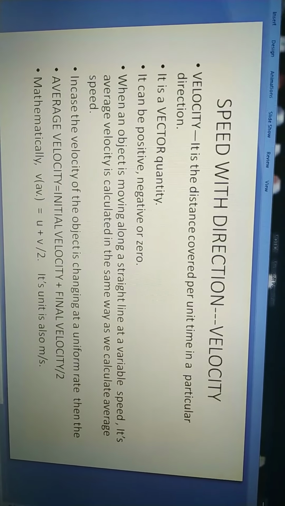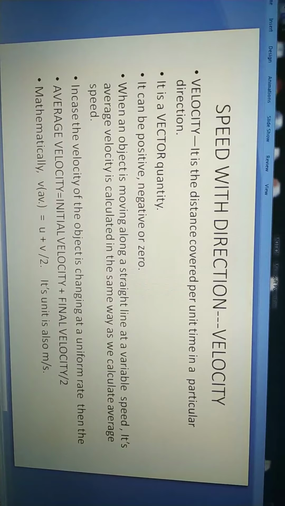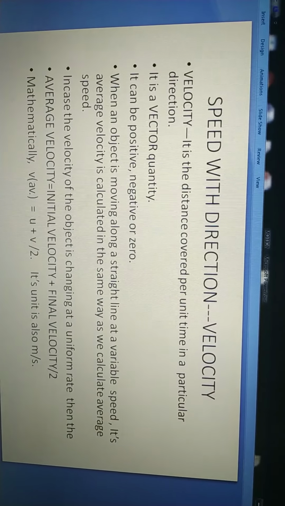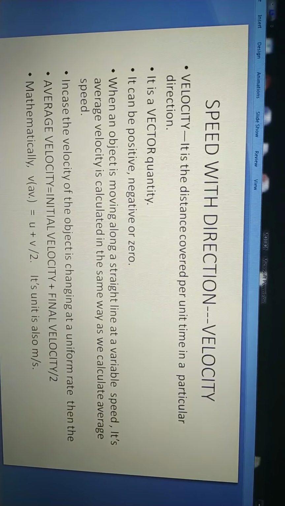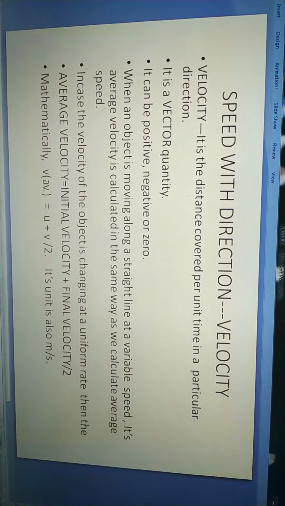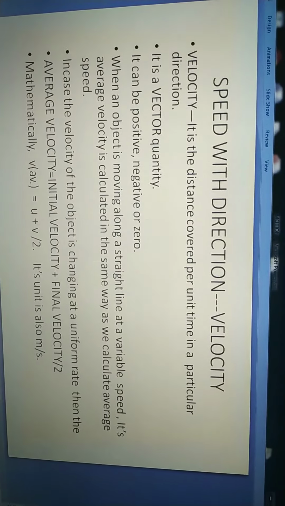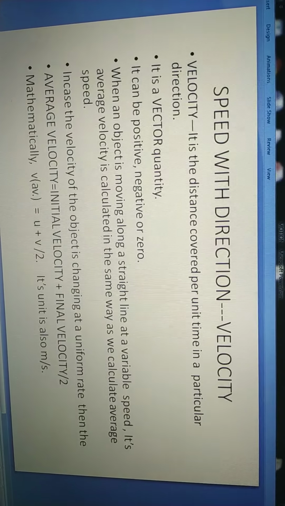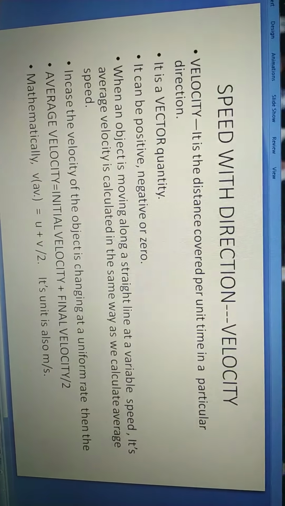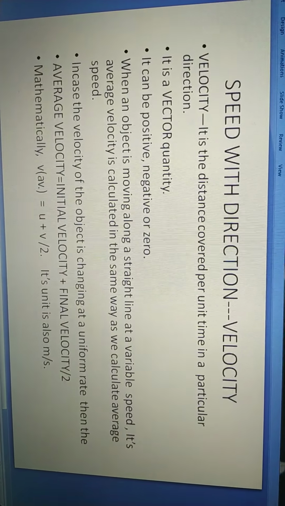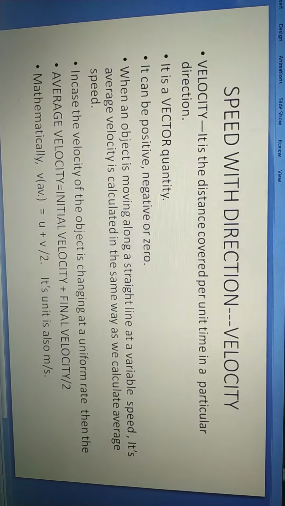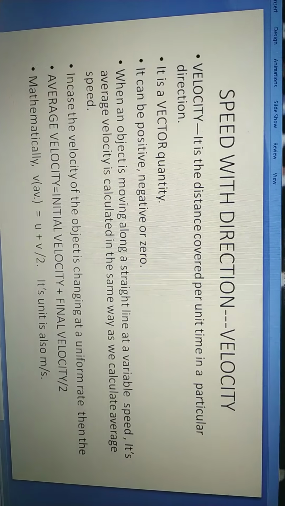Speed requires only magnitude, but velocity requires speed with direction. Velocity is the distance covered per unit time in a particular direction. It needs both magnitude and direction. That's why it is a vector quantity.